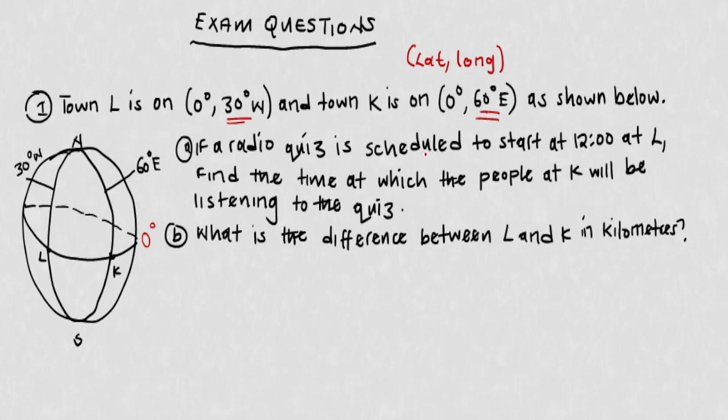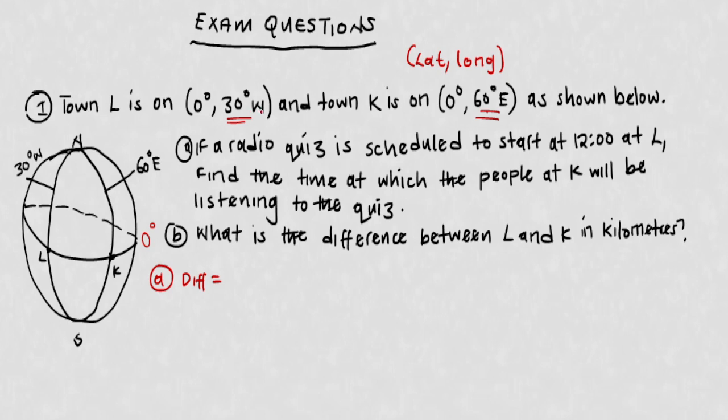Since I know that I'm going to concentrate on longitudes, I'm going to find what we call the difference in longitudes. So how are we going to find the difference in longitudes? To find it, you look at them. This is 30 degrees west. This is 60 degrees east.